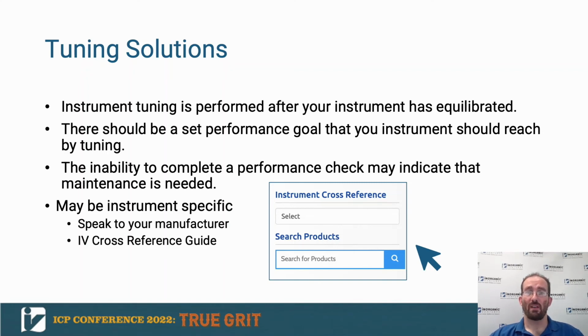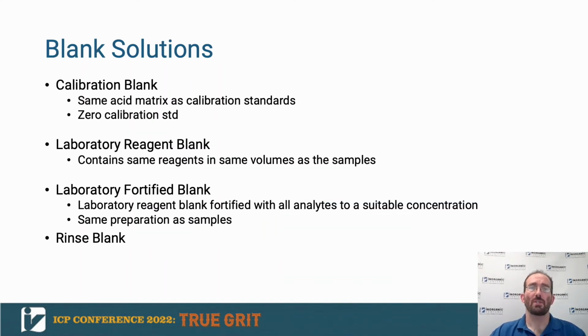On our website, we have an instrument cross-reference guide that can help ensure your instrument produces the best possible data it can. If you find that your instrument is having troubles tuning, it is definitely time to consider doing some maintenance. Blank solutions are required in order to ensure that any background noise can be accounted for in order to ensure you have the best data possible.